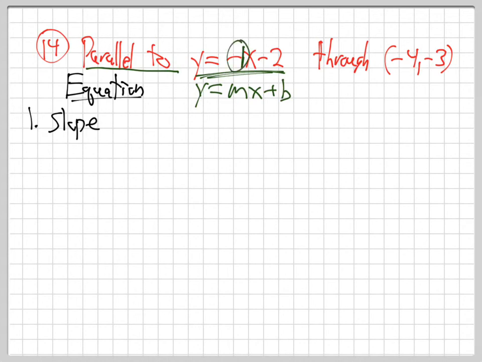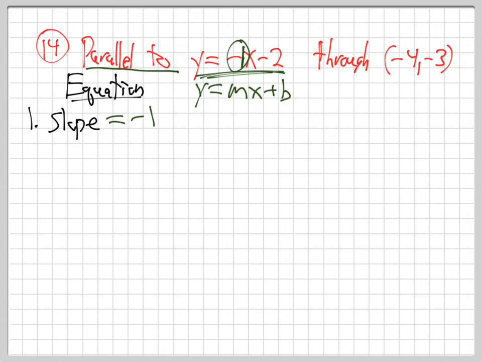Remember whatever's in front of x is the slope, isn't it? So that one's slope is -1, and our line is parallel to that one. So we're the same steepness, right? However steep that one is, ours is the same, parallel. So that means our slope is -1, just like that one's slope, automatically.